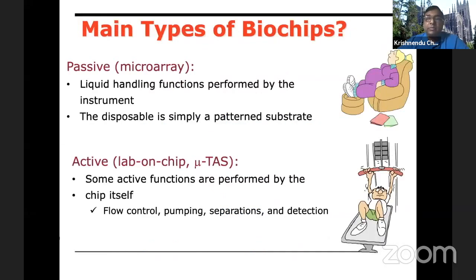So the main types of biochips, well, the first generation was passive. These were called microarrays. Essentially, you had a substrate of silicon or plastic or glass, and on the substrate, you would attach what is called a probe. A probe used to be basically some DNA or protein. Then you would have to do a lot of the sample preparation and all the steps necessary in advance manually on a benchtop.